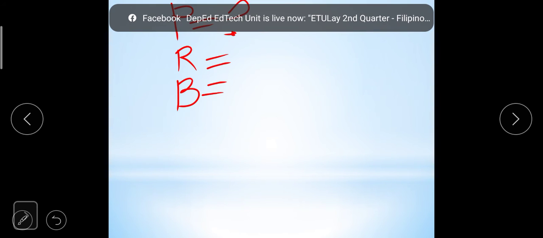With the given. The question is, what is 20% of 450? Ang meron lang na given is 20% and then 450. I-identify mo lang kung alin doon ang R, alin doon ang B. Yes. So, ano ang base? Yung 20% o yung 450? Yung base. Okay, very good.